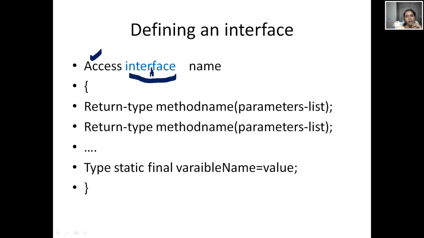Yes, by default all the methods in the interface are abstract. There is no need to specify the abstract keyword. You can simply give the return type, method name, and parameter list. When the compiler converts it, as we will see in the next presentation, it will be automatically converted into abstract.